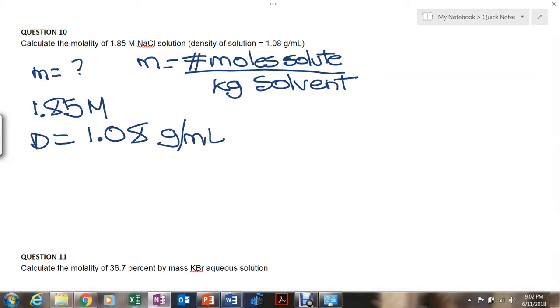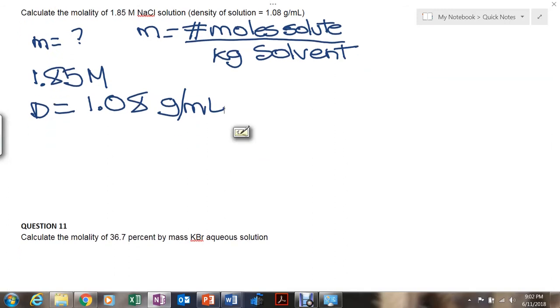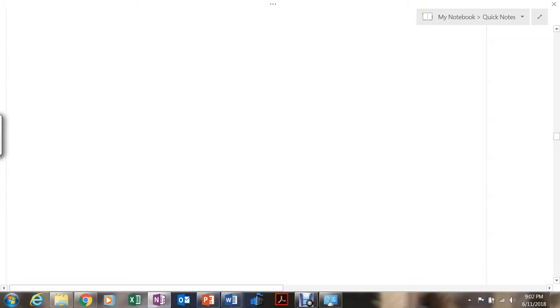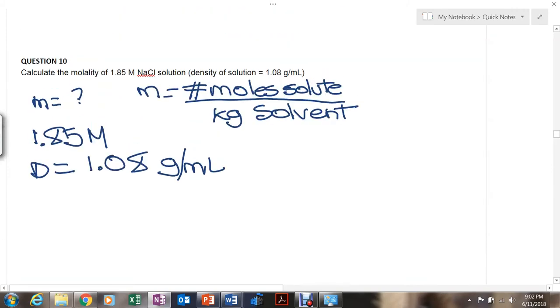Let's write the data we have. Now this is a little bit tricky because, is it giving me the liters of solution? No. Is it giving me the kilograms of solvent? No. But you need to see why they are giving all those things like the density. How are you going to use it? And where are the liters of solution? This is the difficult part sometimes.